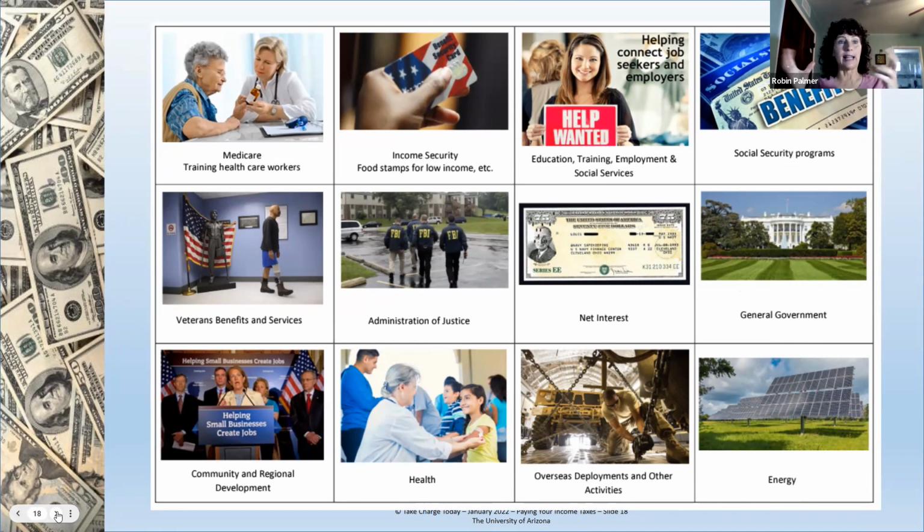So you cut them apart. I put them in an envelope. I put maybe 4 kids together in a team, give them an envelope, and their charge is to put them in order. If they were in charge of deciding what the government would spend money on, start with the left, what's the highest priority, and go to the right, what is the lowest priority. So you give them a chance to talk about that.